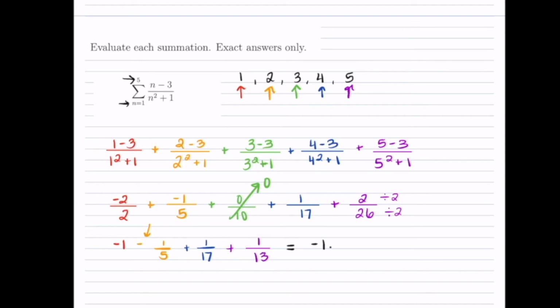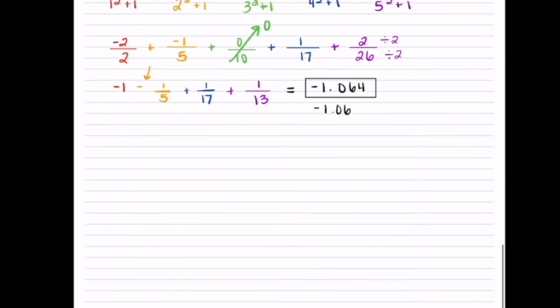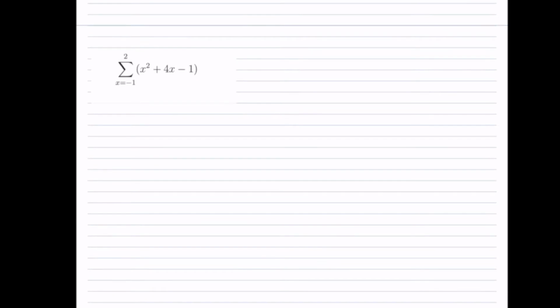I'm going to round to 3 decimal places, so negative 1.064. If you were to round to 2, negative 1.06. Awesome. Alright, let's repeat the same process.